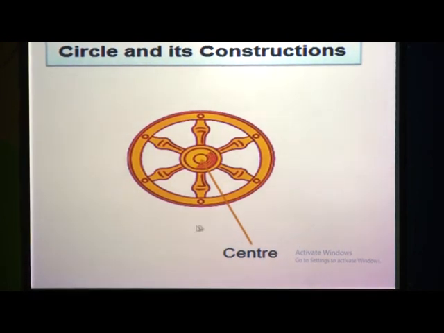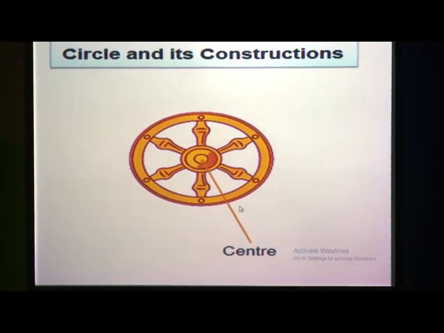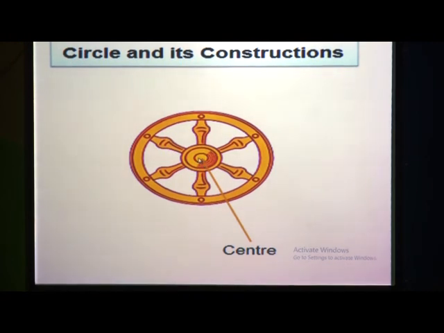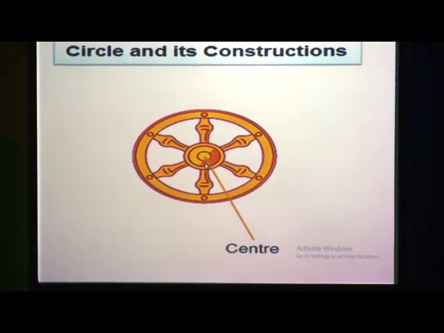So circle, you can see this is a circle, it has a center point. We can name the center point as C, O or something else. The distance from the center point to any part of the circle is its radius. We have also studied different things about the circle and its parts in the previous classes in term 1.